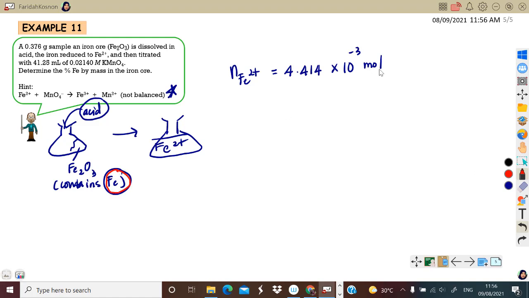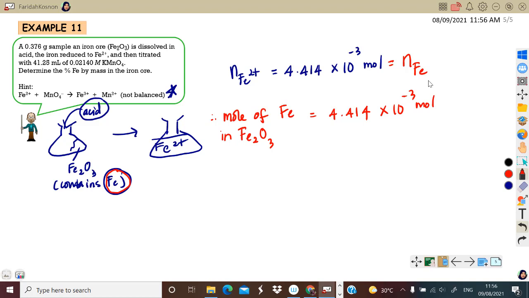Jadi, it is also mole of iron solid in the iron ore. Jadi sekarang, therefore, kita dah dapat kat sini mole of iron in iron ore adalah 4.414 darab 10 kuasa -3 mole.